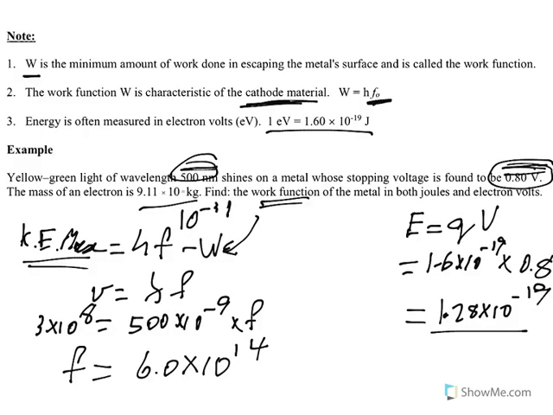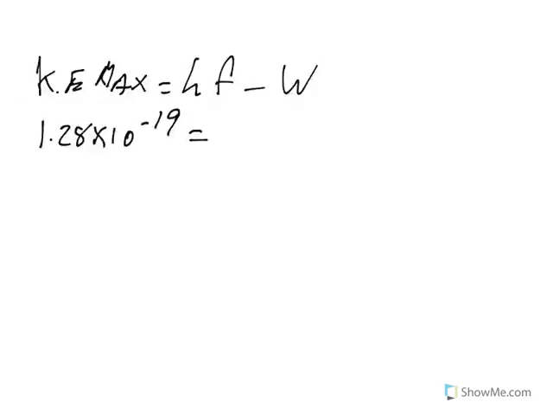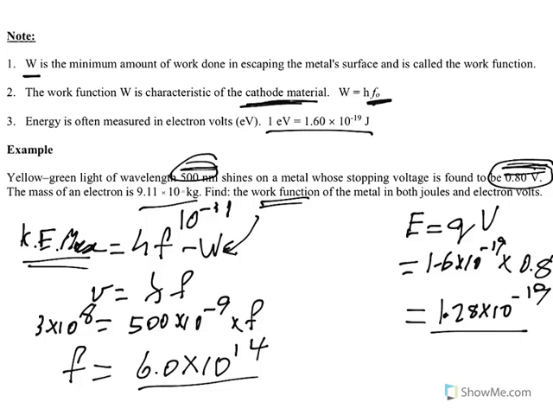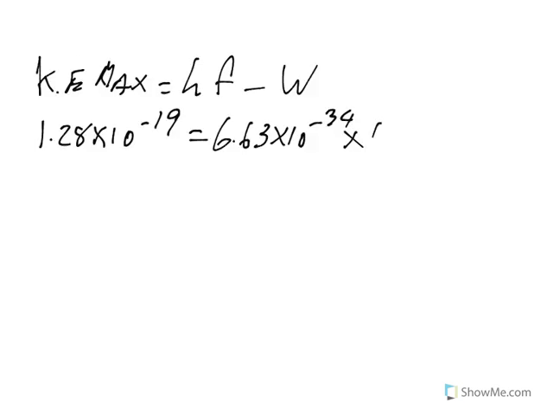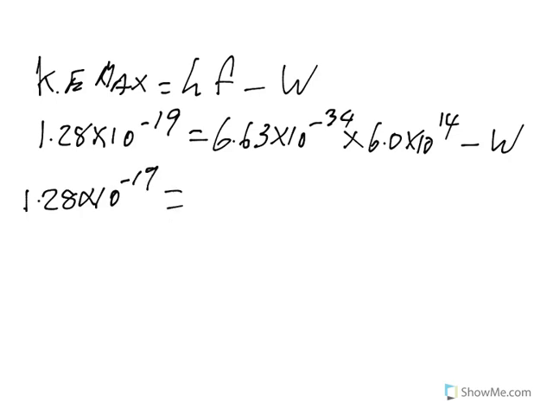HF, we've worked that out as well, there it is: 6 by 10 to the 14, and h, of course, 6.63 by 10 to the minus 34, times f, 6 by 10 to the 14, minus the work function. Let's work out what hf is.